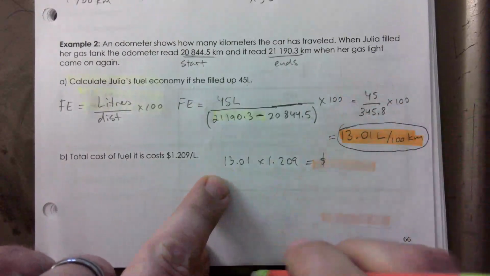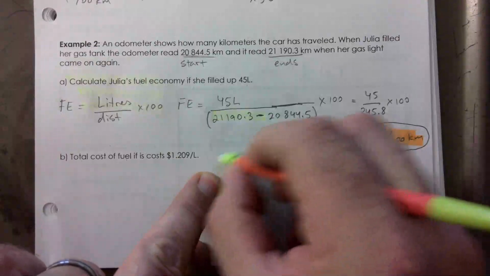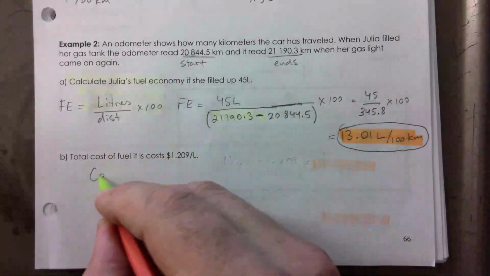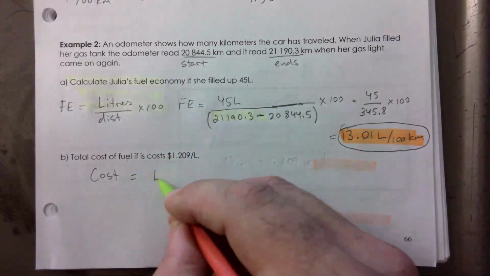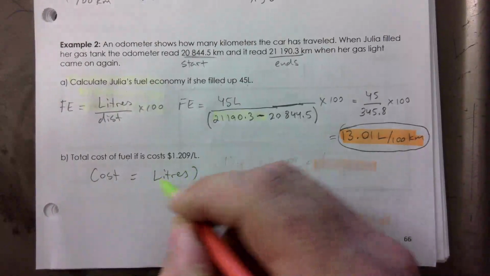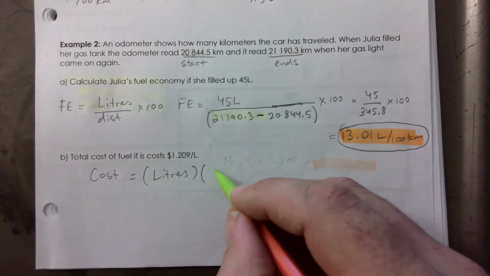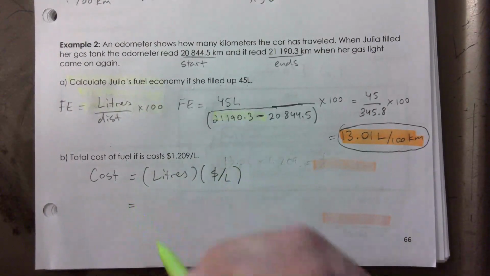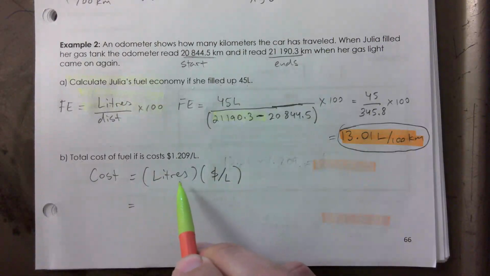So what you need to do here, in this case, cost will be liters multiplied by dollars per liter. That's how you find your cost, right? How many liters did Julia use in this case?